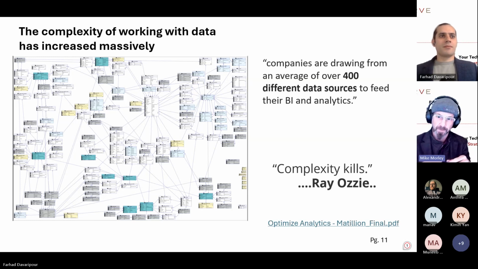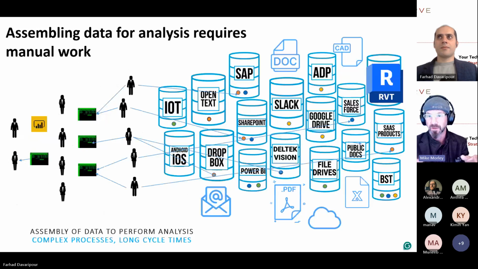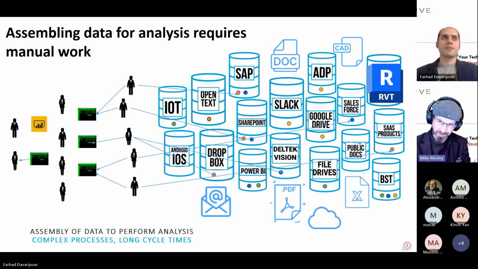If you go to the next slide, what that means is that the engineers and scientists and folks who do this sort of analyses, these numerical analyses or otherwise, they're spending most of their time doing manual work again.